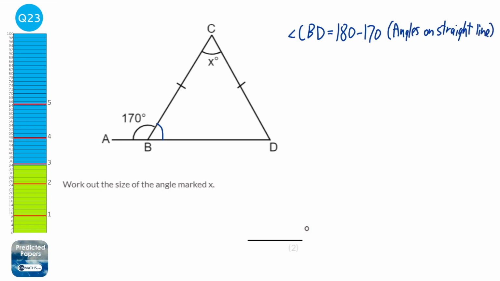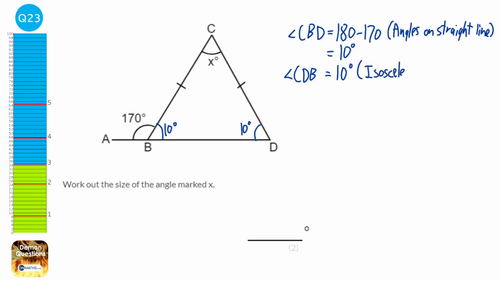Angles on a straight line add up to 180, so that's going to be 10 degrees, so this will be 10 degrees. We then need to find out what angle CDB is, and this is obviously going to be 10 degrees as well because it's angles in an isosceles, so this will be 10 degrees, and the reason will be that it's an isosceles triangle.